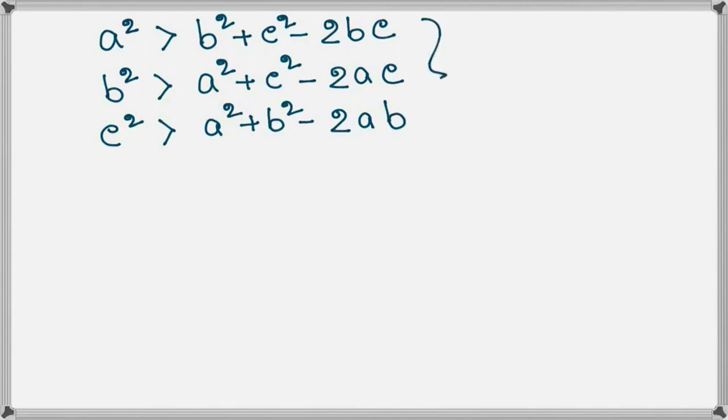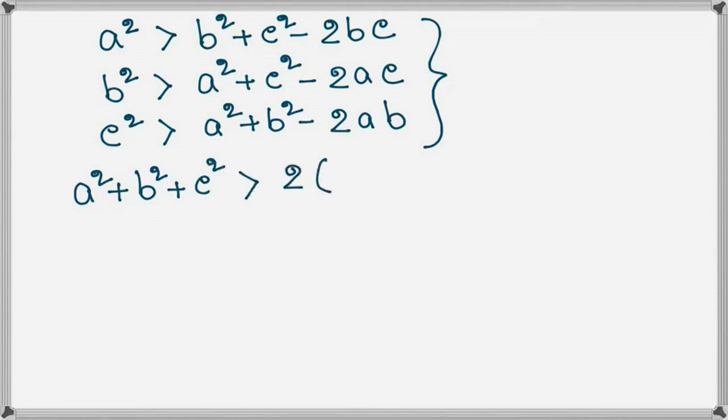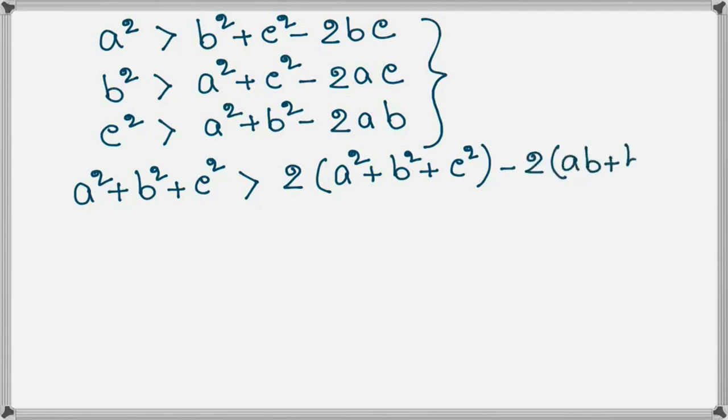Now we add all these three inequalities. Then we obtain a square plus b square plus c square is strictly bigger than 2 into (a square plus b square plus c square) minus 2 into (ab plus bc plus ca).